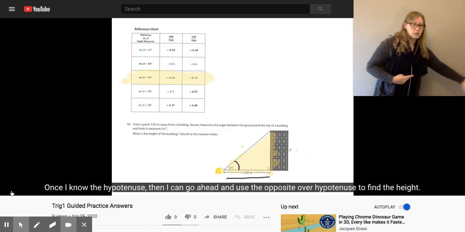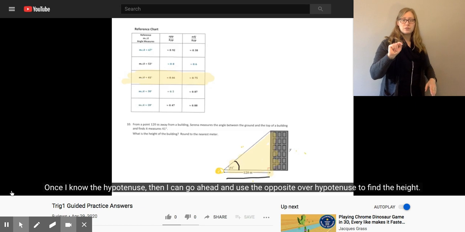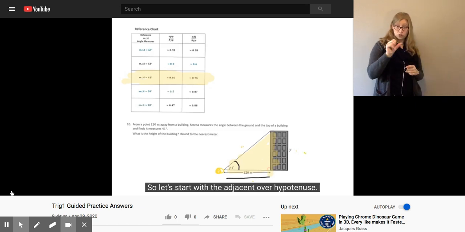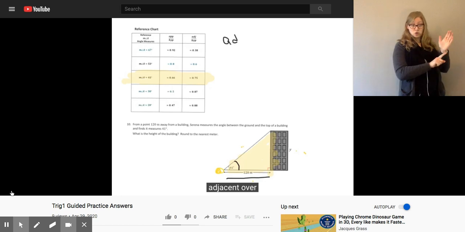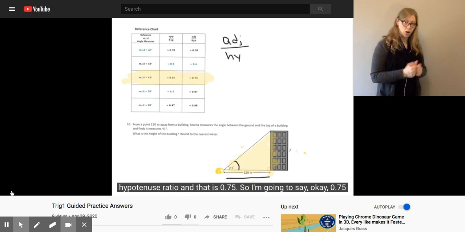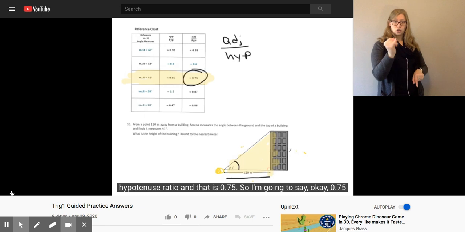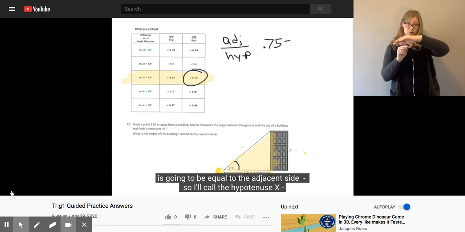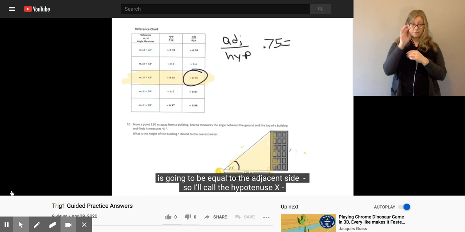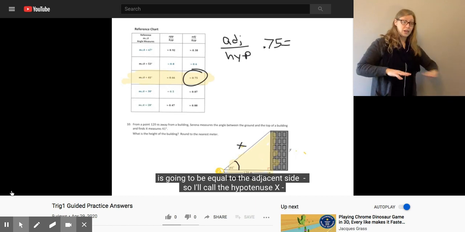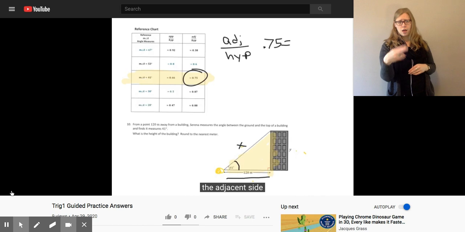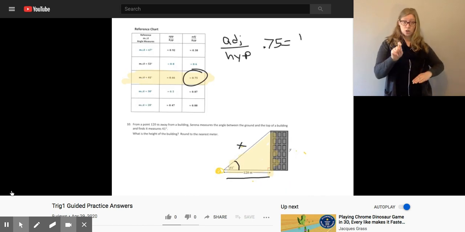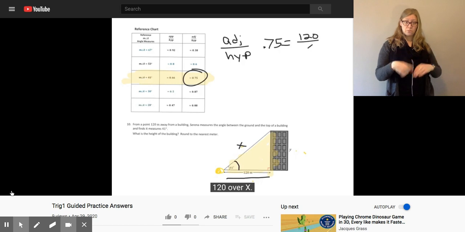Once I know the hypotenuse, then I can go ahead and use the opposite over hypotenuse to find the height. So let's start with the adjacent over hypotenuse ratio, and that is 0.75. So 0.75 is going to be equal to the adjacent side over the hypotenuse. I'll call the hypotenuse x. The adjacent side is 120, so that's 120 over x.